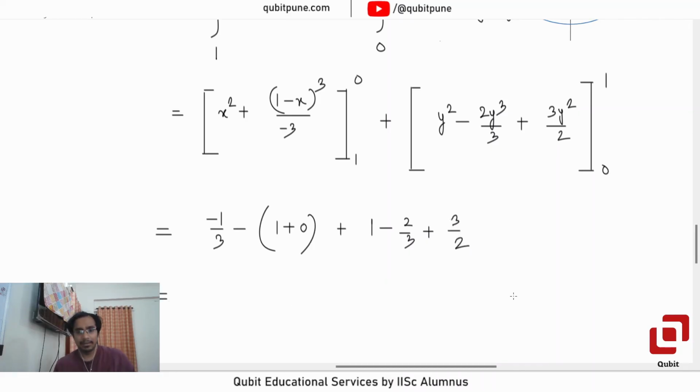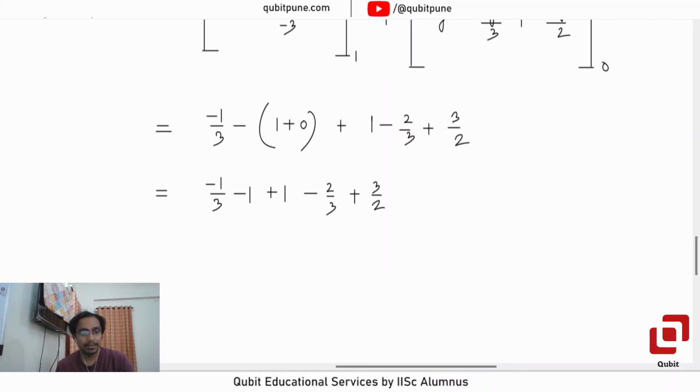Minus 1 upon 3 minus 1 plus 1 minus 2 by 3 plus 3 by 2. So minus 1 upon 3 minus 2 by 3 is minus 3 by 3, that's minus 1, that will cancel this. So eventually we'll have negative 1 plus 3 by 2, that is 1 upon 2.